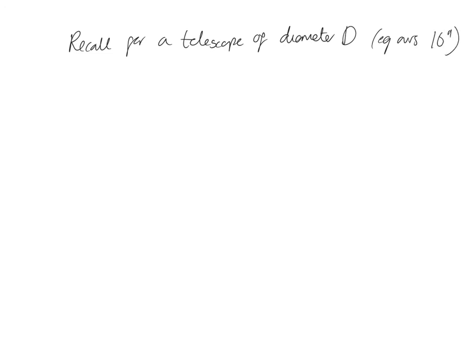So recall, for a telescope of diameter d, and it's usually the diameter that's reported, for example, ours is a 16-inch diameter telescope, the area is just pi d squared over 4. And be careful with units here.